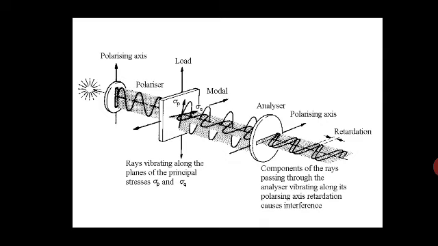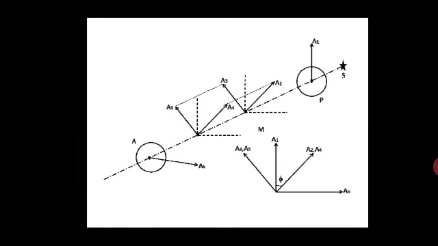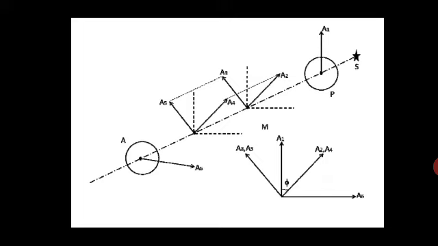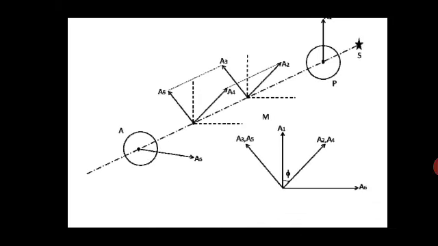Let P be the polarizing element, M the model under a plane state of stress, and A the analyzer, which is a second polarizing element. The analyzer is kept at 90 degrees to the polarizer, and the last element is the screen, S.